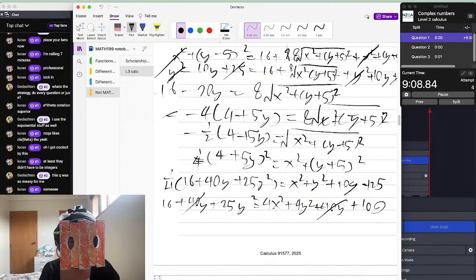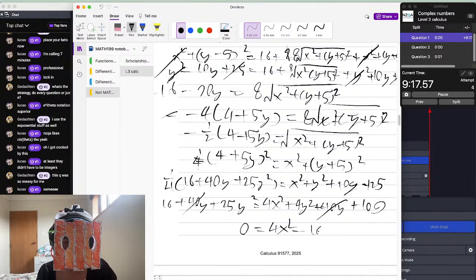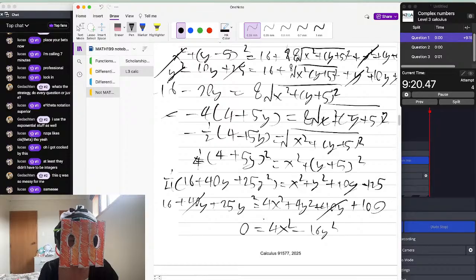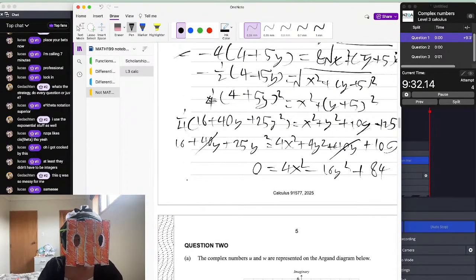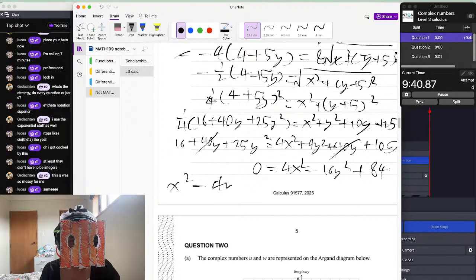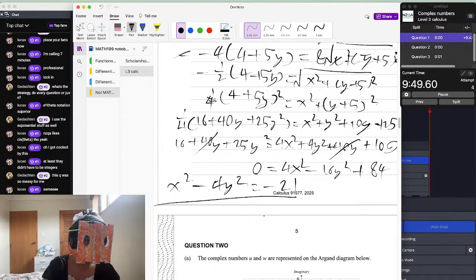The 40y cancels out, which leaves us with 0 equals 4x squared, 4 minus 25, that's minus 16y squared, and then 100 minus 16, that's 84. Yep. Which leaves us with, divide all these by 4, x squared minus 4y squared equals minus 21. Yep, pretty sure that's the answer.